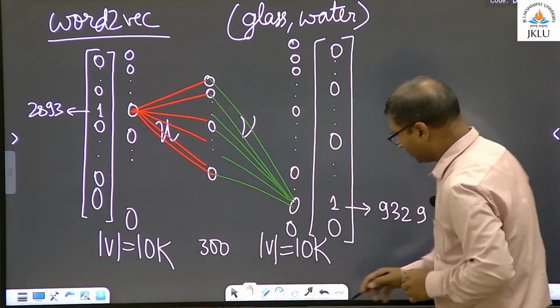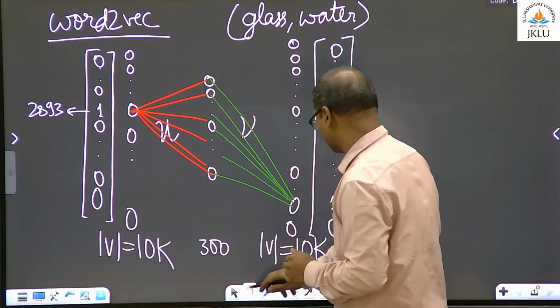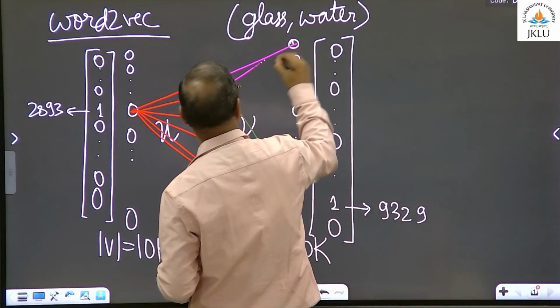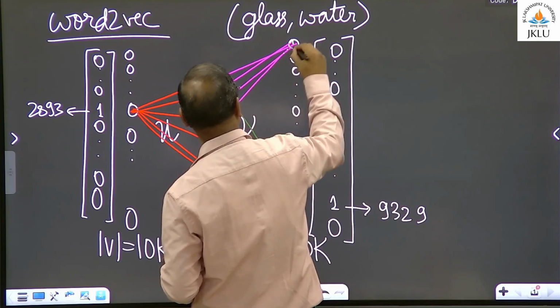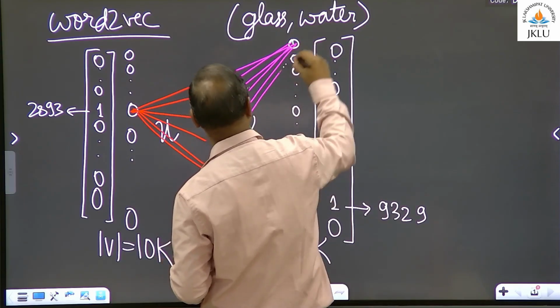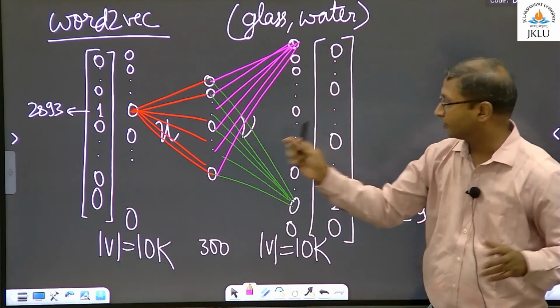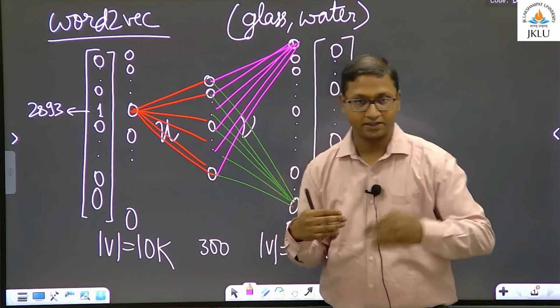Now, will you have something like, let me choose some other color. Something like this will also happen. Since it's a fully connected network, everybody is connected to everybody in the subsequent layers. Okay.